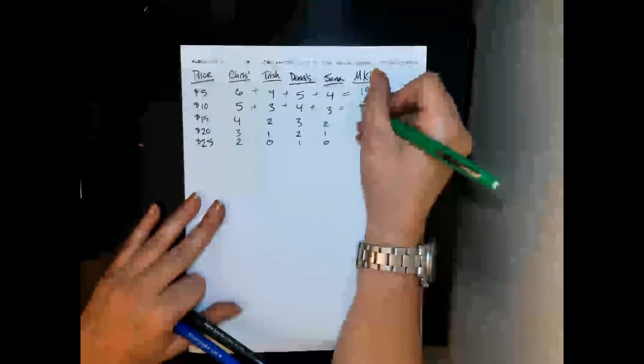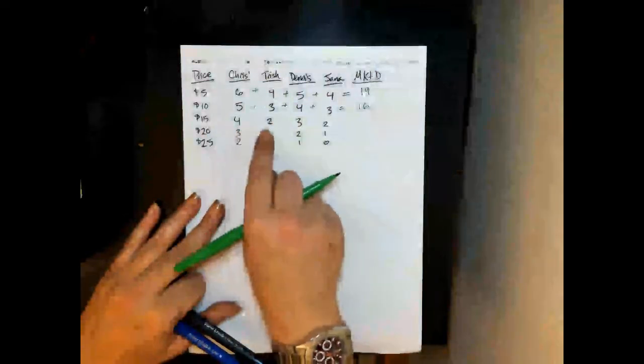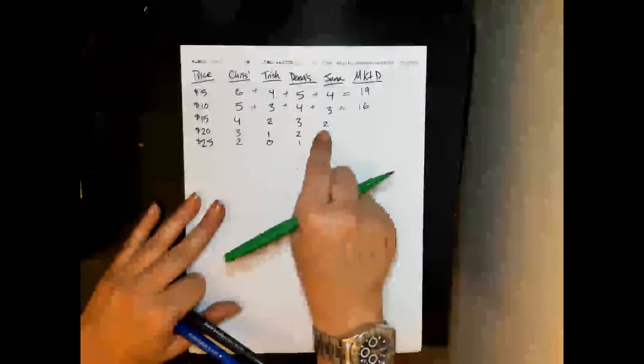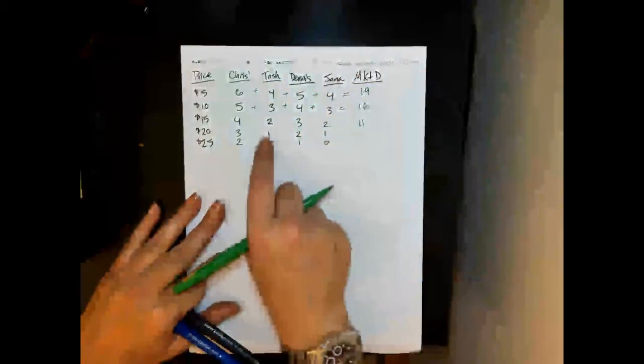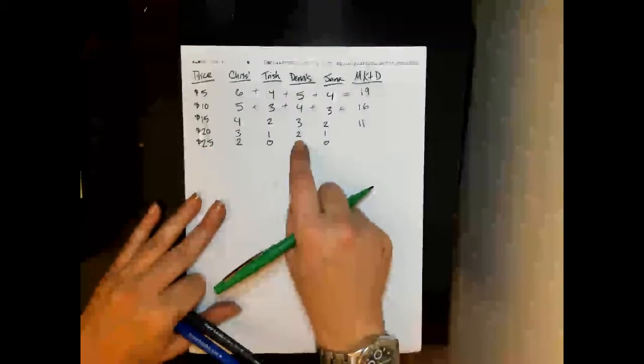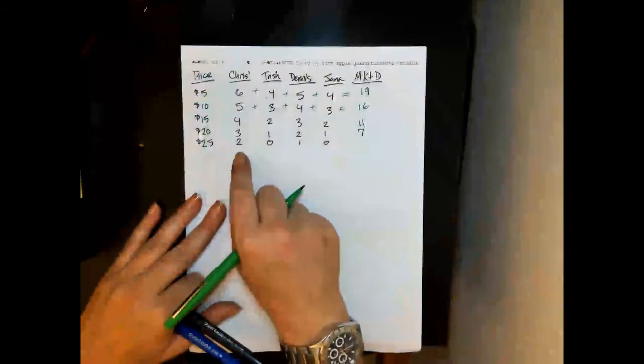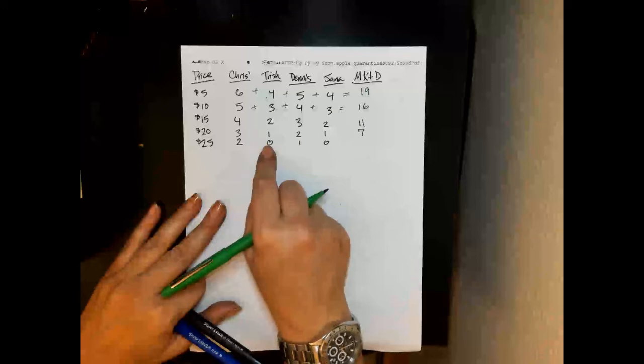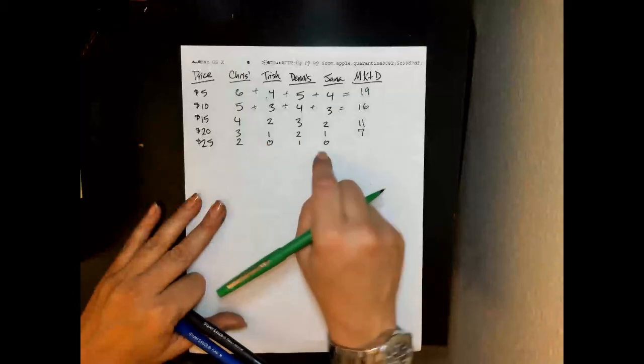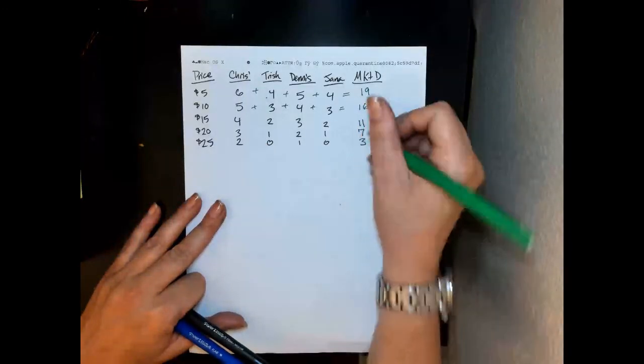So that gives me a market demand of 16. At $15, 4 plus 2 plus 3 plus 2 gives me 11. At $20, 3 plus 1 is 4, plus 2 is 6, plus 1 is 7. And then finally at $25, Chris wants 2 books, Trish doesn't want any, Dennis wants 1, and Jana wants 0, so that gives me 3 books.